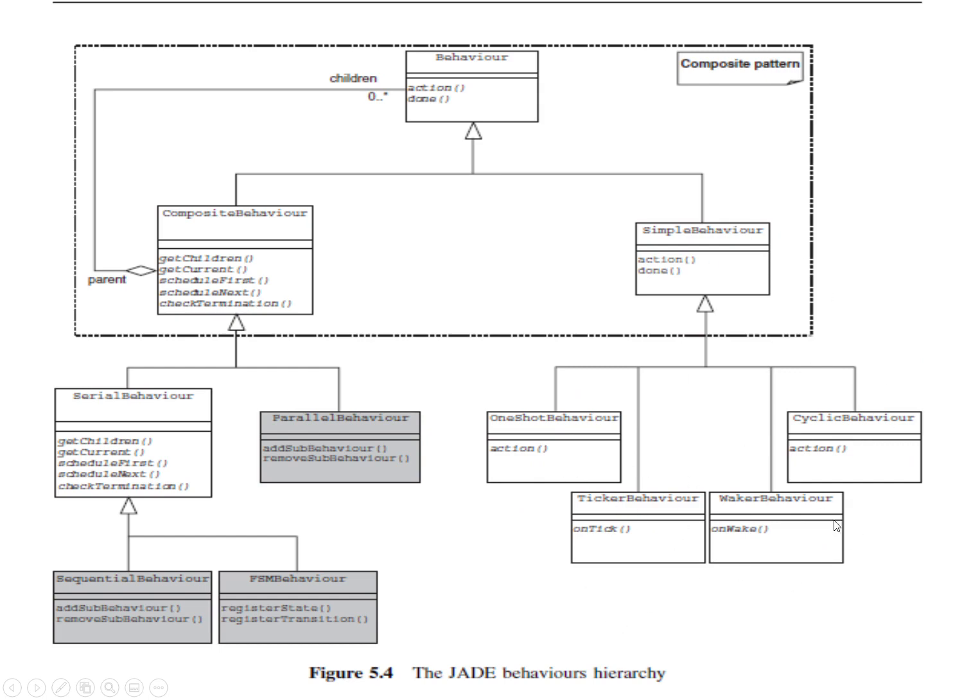You'll also notice some important methods under these behaviors. For instance, onWake is important on the wake-up behavior, whereas onTick is important on the ticker behavior. But these, of course, have to inherit action and done from the simple behavior, which in turn inherits from the main behavior class.